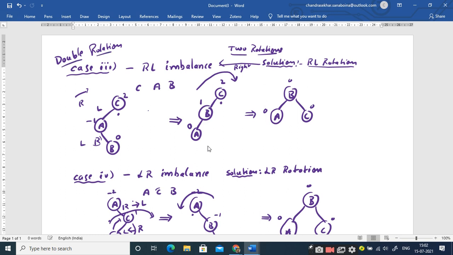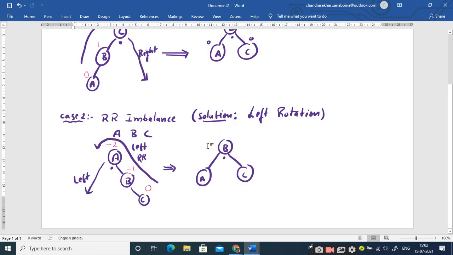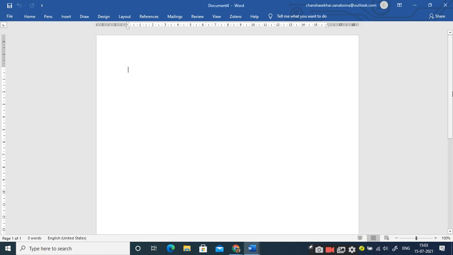And what is that for case 1 and case 2? How many rotations we are applying? Only 1 rotation we are applying. Therefore, these 2 rotations come under the category of single rotations. So if somebody asks you how many types of rotations are there in the AVL trees, you have to tell that there are 2 different categories.